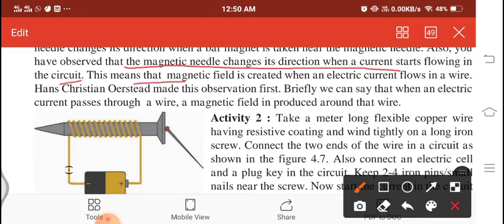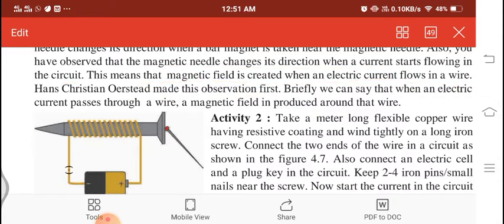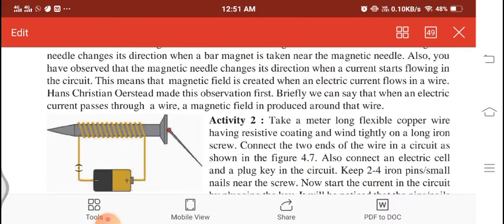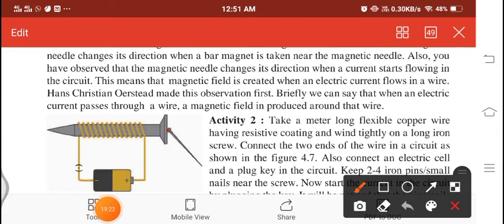This means that a magnetic field is created when electric current flows in a wire. Hans Christian Ørsted made this observation first. I told you before starting this topic about Ørsted's experiment, the same scientist. Briefly, we can say that when an electric current passes through a wire, a magnetic field is produced around that wire.